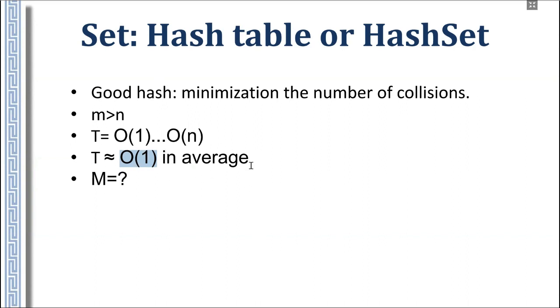But if we have an attack and someone knows the hash function, and in fact these hash functions are known for standard implementations, then someone can attack you and give you values such that all of them have the same hash value, and the time can be up to O from m, linear.